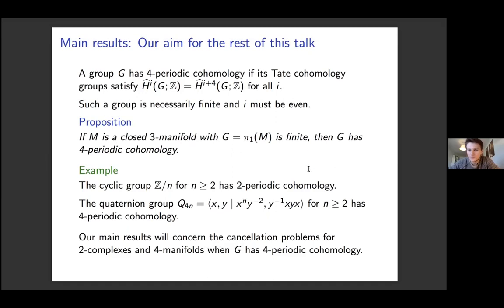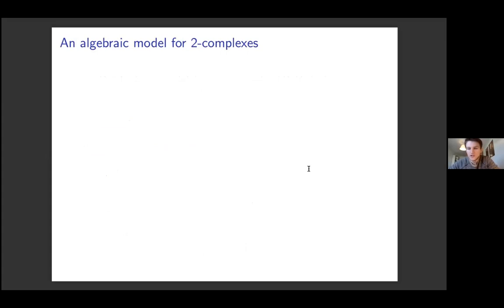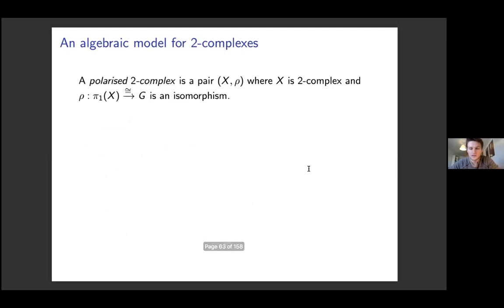Okay, so now I'll start working my way towards the main results that I'll state. I'll begin with an algebraic model for 2 complexes. So some background on what you need to do in order to actually classify 2 complexes up to homotopy. The first thing I'll say is just to give another definition.